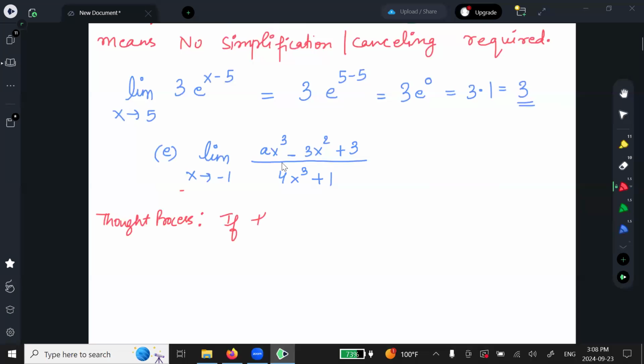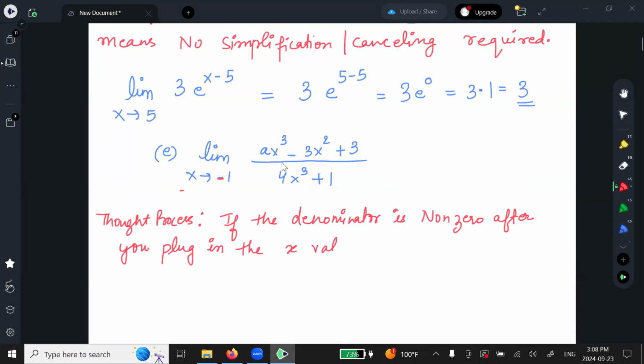If the denominator is non-zero after you plug in the x value, whatever the number is, there is no need to simplify. The top can be 0. No need to simplify. Is this clear? And no need to write this also.